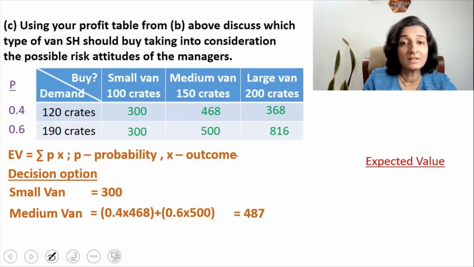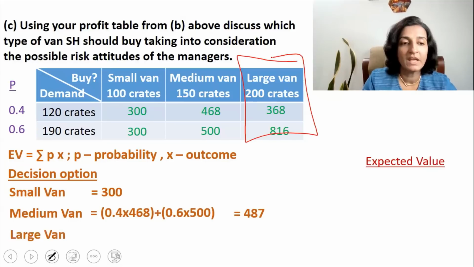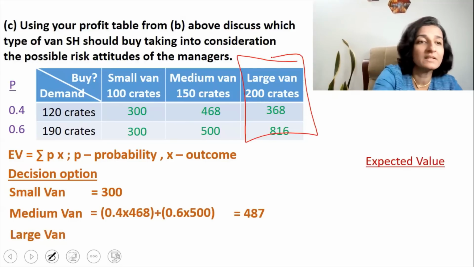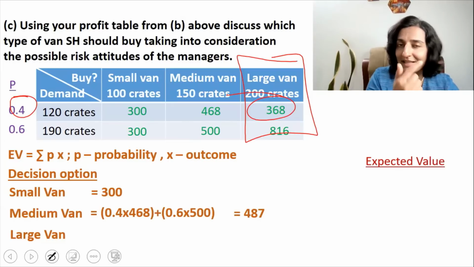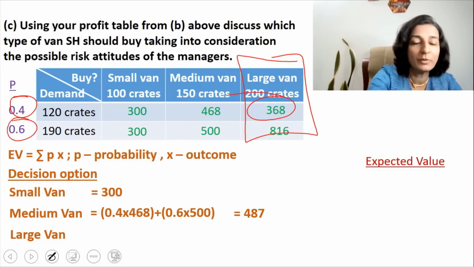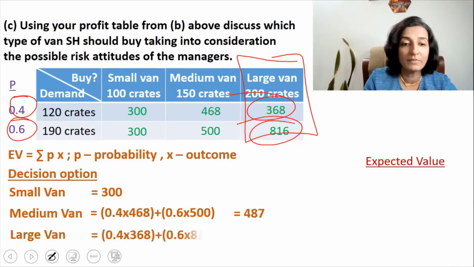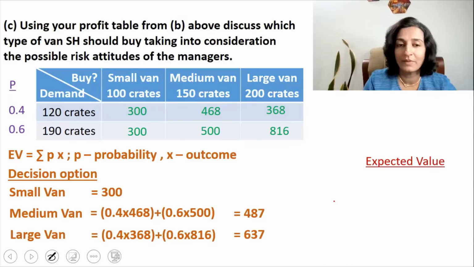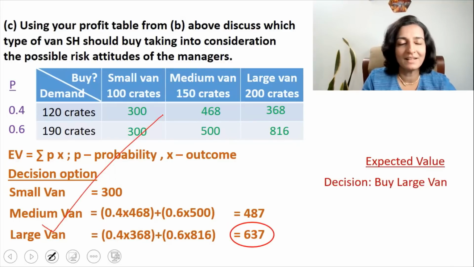Now coming to the last decision option, that is buying the large van. So again, sigma px, it's probability 0.4 multiplied by outcome 368 plus probability of 0.6 multiplied by outcome of $816. So we get the answer as $637. Now all that we have to do is pick the highest EV. The highest EV is $637. So the decision is to buy the large van.